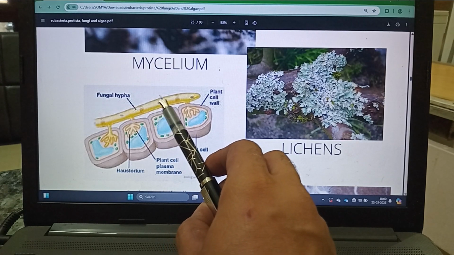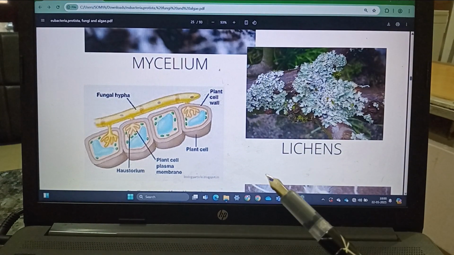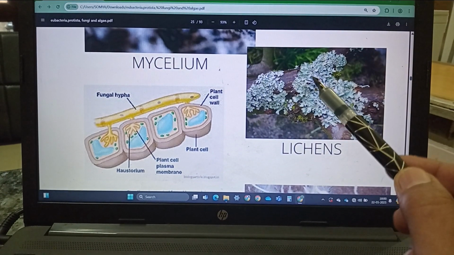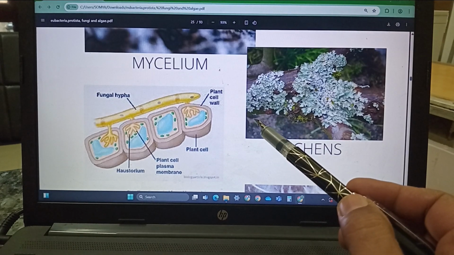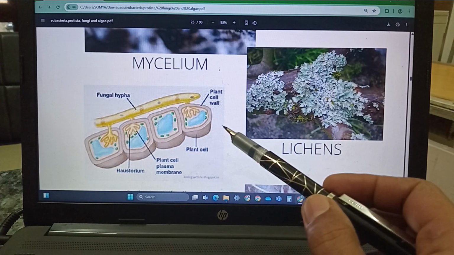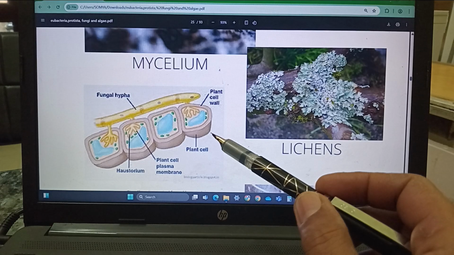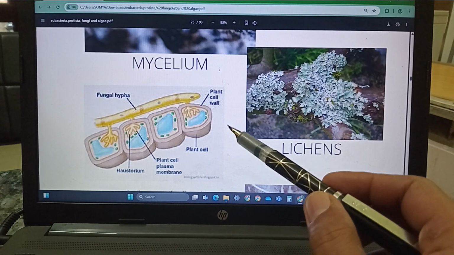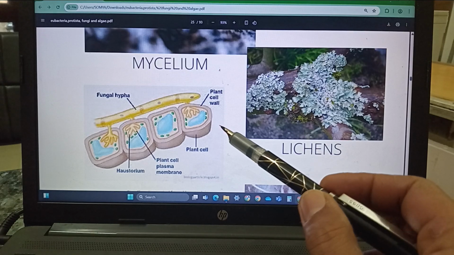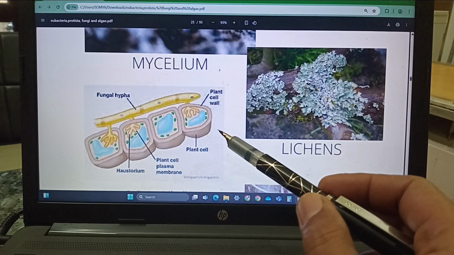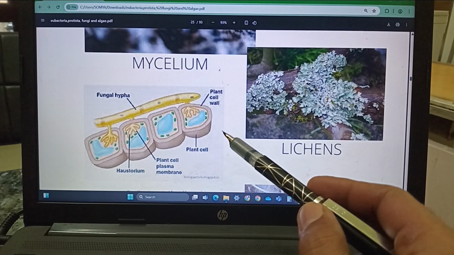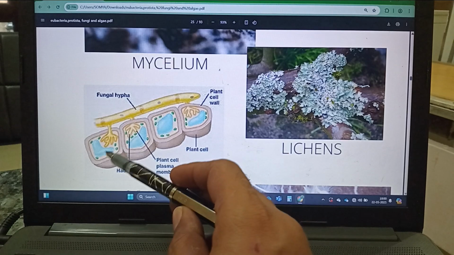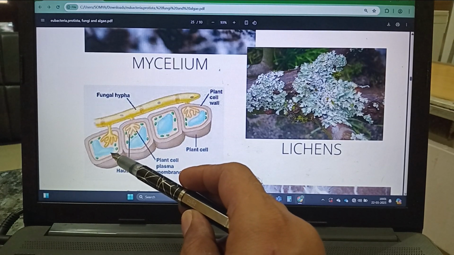Most of these fungi are heterotrophic, in that they absorb organic matter from the dead substrate, and hence they are called saprophytic. They absorb the soluble organic matter from dead substances. Those depending upon living plants are called parasites.